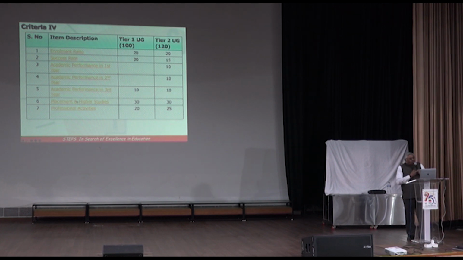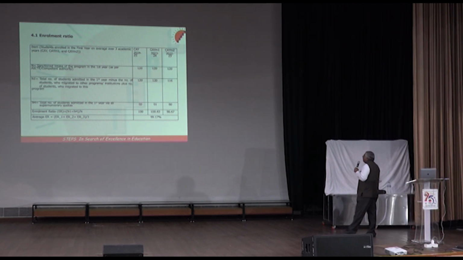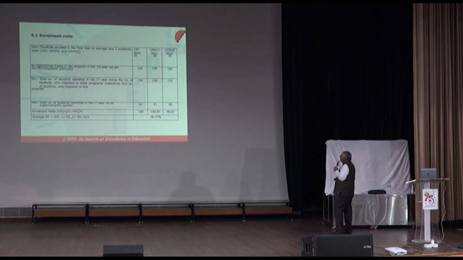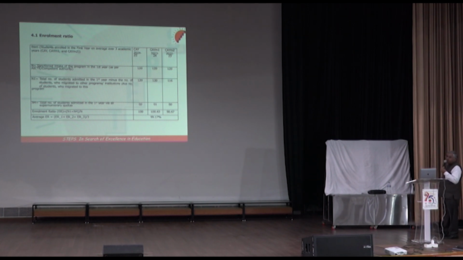Yes, the criteria 4 talks of enrollment ratio. Now, it's the same where we talk of academic year, first year admissions, 120 intake, the same questions which we had in criteria 4.